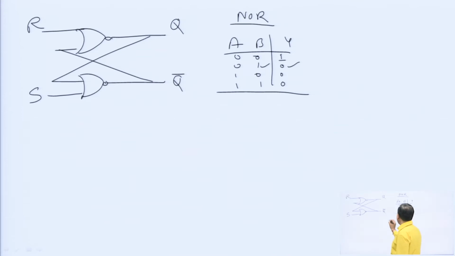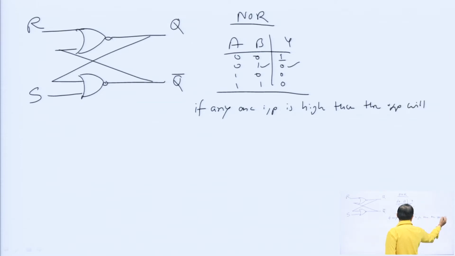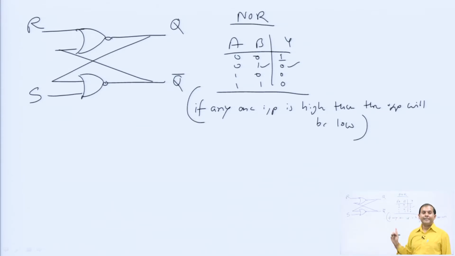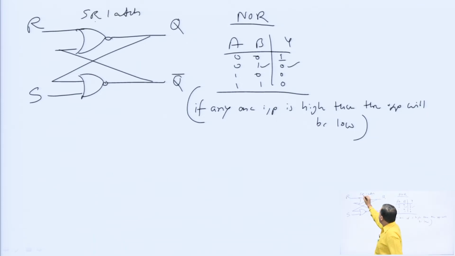So, we can write that if any one input is high, then the output will be low. This is the basic main important characteristic of NOR gate, and this characteristic we are going to use in SR latch. The functioning of SR latch is purely dependent on this rule.